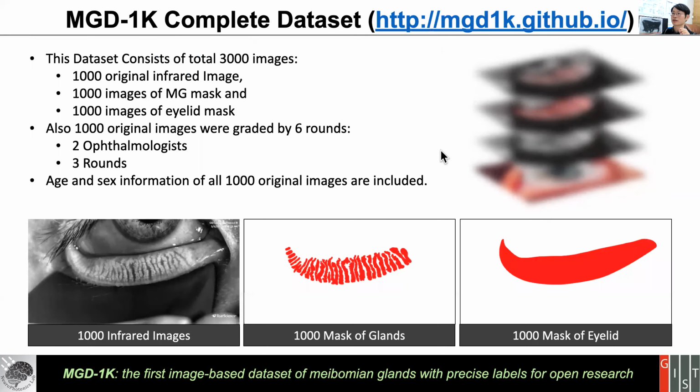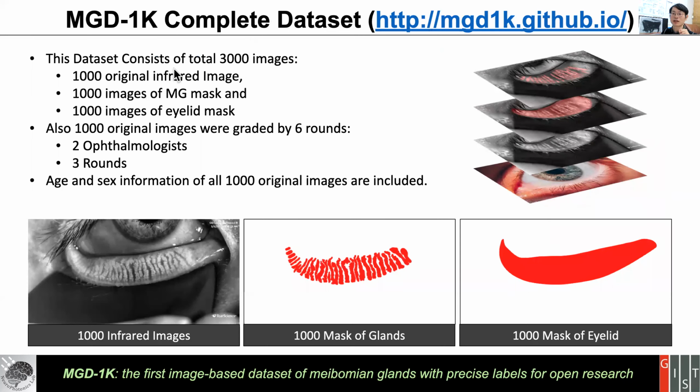We created this data set of 1,000 images, and all the gradings by 6 rounds of MGD experts are also included. Age and sex information are included, and it is put in a GitHub database. This is the first image-based data set of Meibomian glands with precise labels for further open public research.